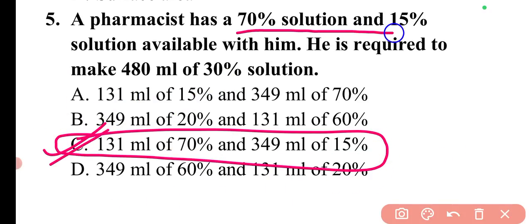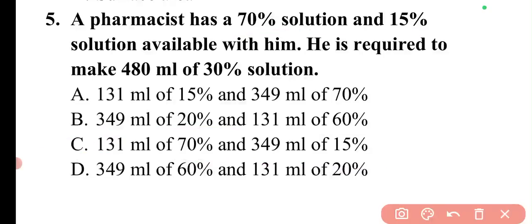Also, if there are multiple solutions: right now in this question we have only taken two solutions. If we need to make it from three or four solutions, how can we do it? The condition will be the same.